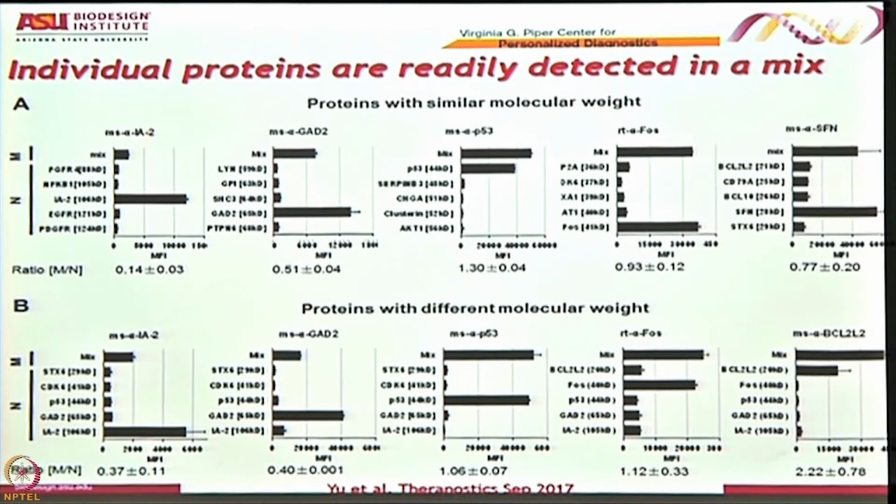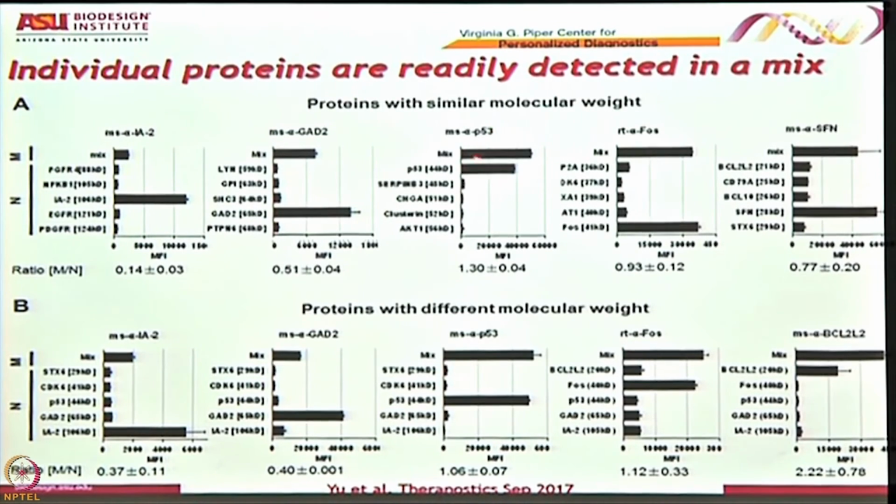Okay? And you can see for this IA2 protein, we detected it in the mix. We detected it much better as a single spot. So to some extent, this protein did not do as well in this group as it did there, but we could still measure it. So we wouldn't have missed that in a study. Here's another one, GAD2. We can detect it in the mix. We can see it as a single protein.